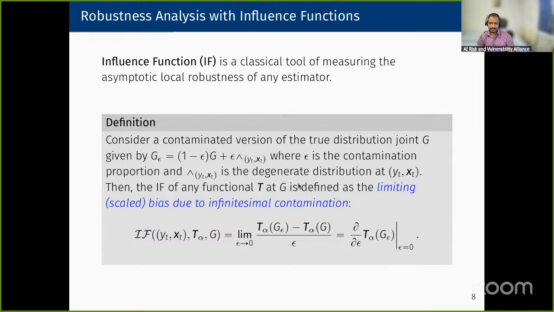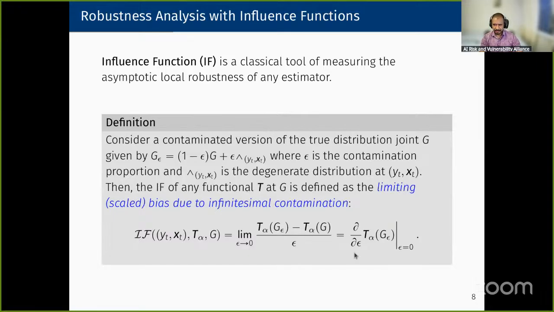The influence function of a functional of the data distribution, here the parameter estimate beta or the scale estimate sigma, is the value of the functional under the contaminated distribution minus its value under the actual data distribution, divided by the amount of contamination, letting the contamination go to 0.